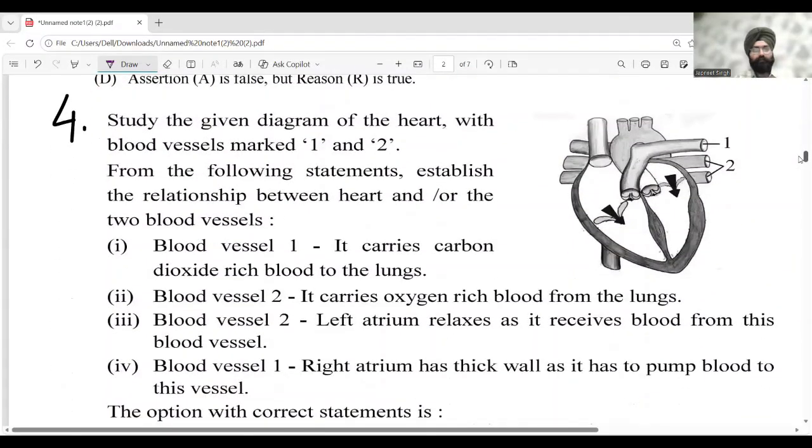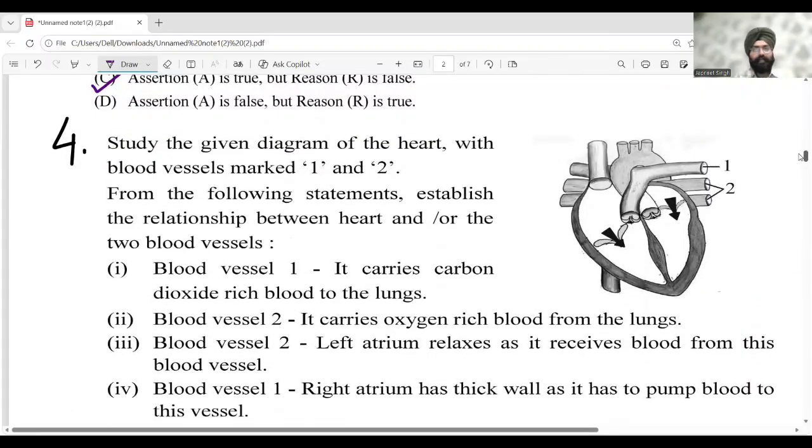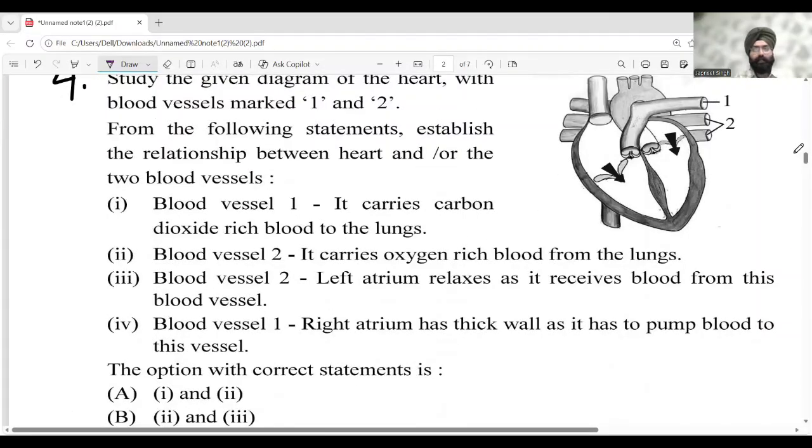Next, fourth one. Study the given diagram of heart with blood vessels marked 1 and 2. From the following statements, establish the relationship between the heart and the two blood vessels. First option is blood vessel 1, it carries carbon dioxide rich blood to the lungs. Absolutely correct.